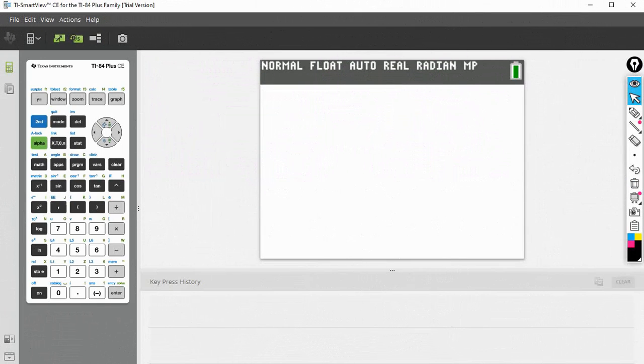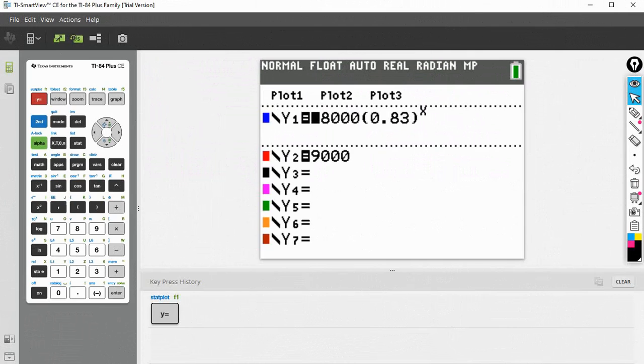Okay, so here we are with the GDC, and the first thing we're going to do is click on y equals. So notice that when we get to that section, I have already plugged in the sequence, which is 28,000 times 0.83 to the power of x. With the graphing calculator, we do everything in terms of x.